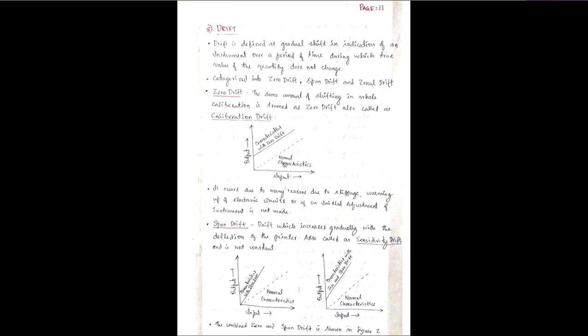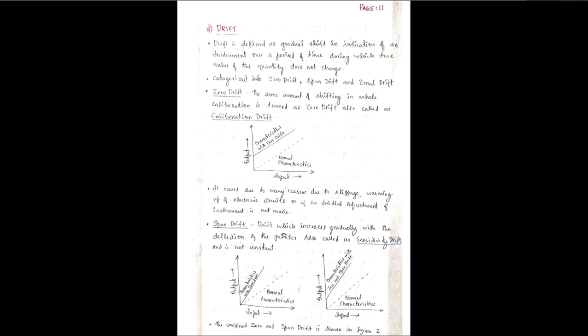The normal characteristics is shifted here, and you can see here the same amount of shifting in the whole calibration. Okay, and it occurs mainly due to slippage, warming of the electronic circuit, or if an initial adjustment of the instrument is not made. Because of this it is happening.